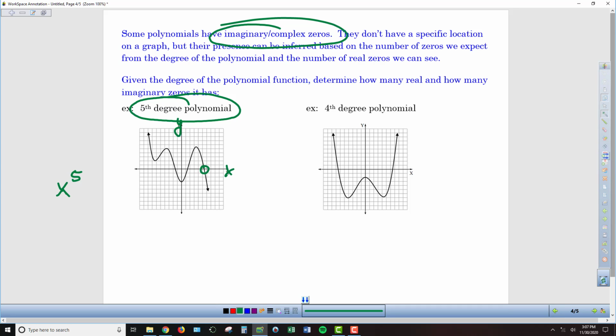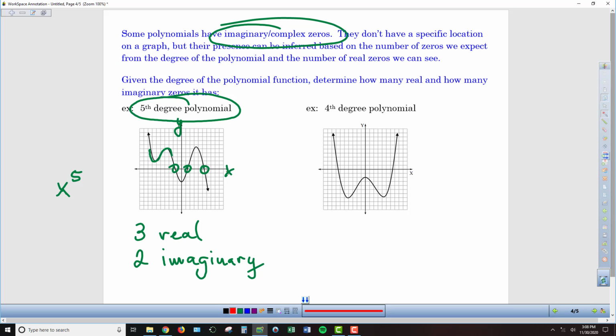Well, here I see 1, 2, 3 of them. That accounts for 3 real zeros, and then I must have 2 others based on this change of direction here that doesn't get me all the way through to the x-axis, that must be imaginary. So we can say we have 3 real and 2 imaginary, or we could call them complex zeros.